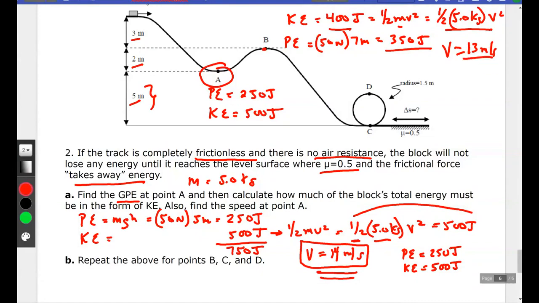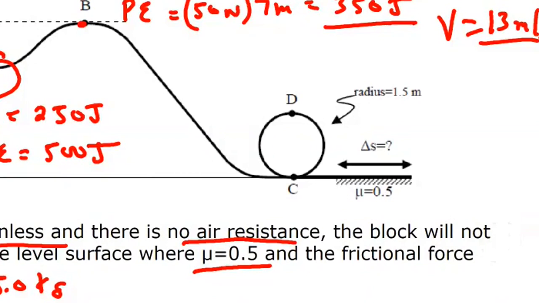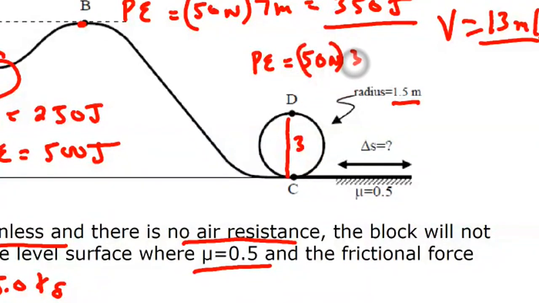That's 13. Now you have to do it at D. This is a lot of work, isn't it? So at D, it has new PE. Now, you're told the radius is 1.5. That means that this is 3, right? 1.5, 1.5, so it's 3. So mg is 50 times h is 3.